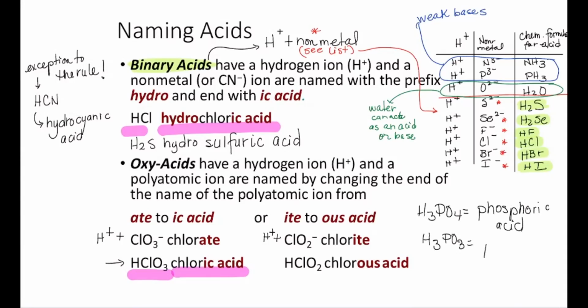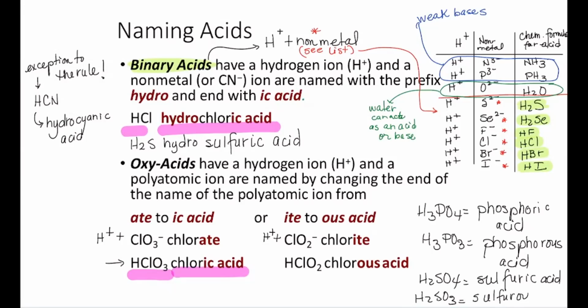H3PO3, that's phosphorous acid. And then the other one is the H2SO4 versus H2SO3. This is sulfuric acid, and this is sulfurous acid.